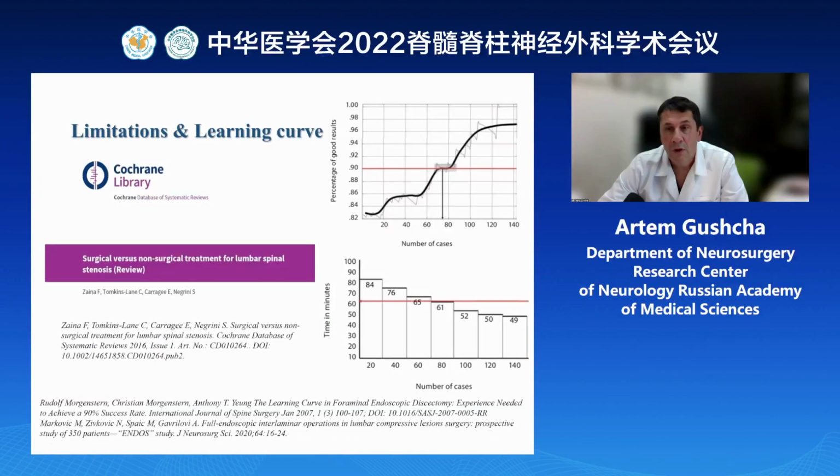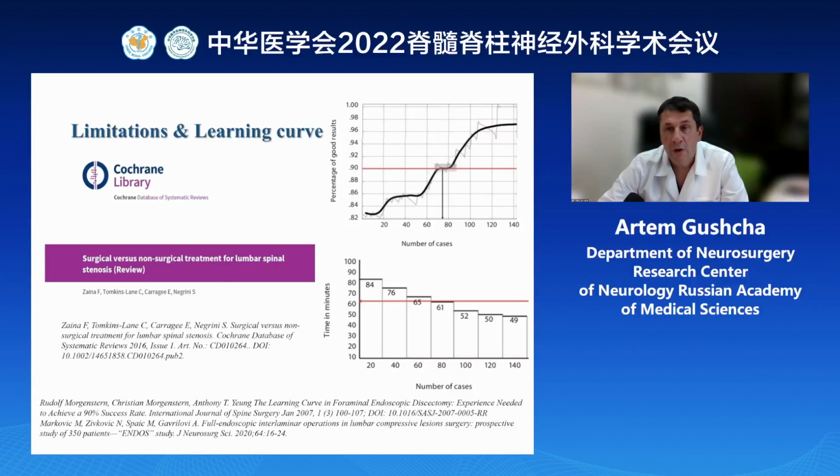We always remember, of course, that there is a learning curve anyway. According to the investigation of Morgenstern, with Anthony Young also included, the really high results after the percutaneous endoscopic procedure could be best after 80 to 90 procedures.